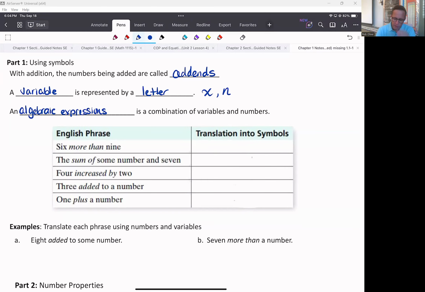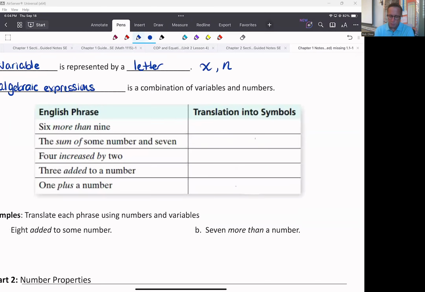Okay, so what we have here in this example is a bunch of phrases and we want to kind of just translate that. It says translation into symbol, but more or less we're going to translate it into a numerical, or in other words, an algebraic expression.